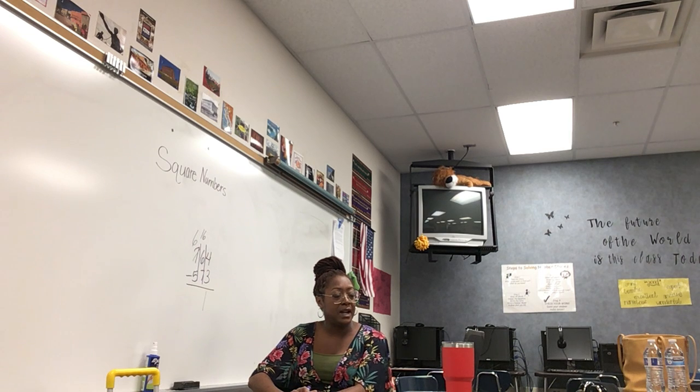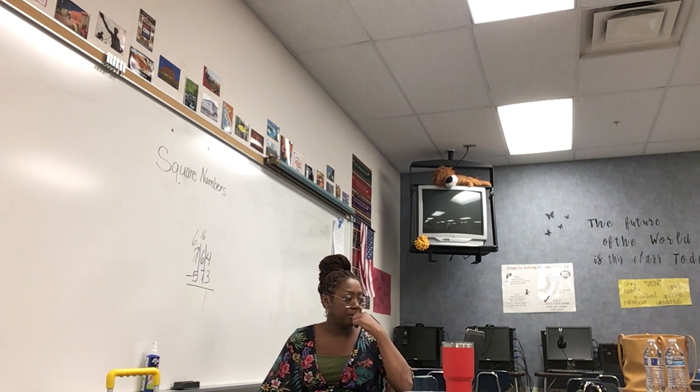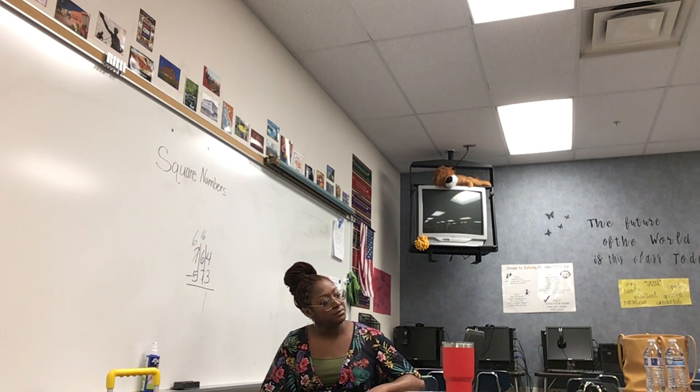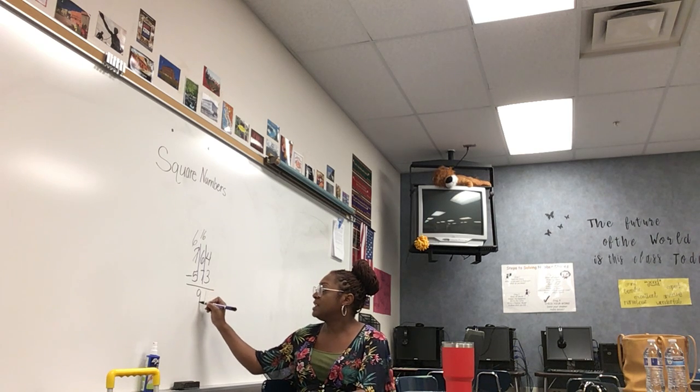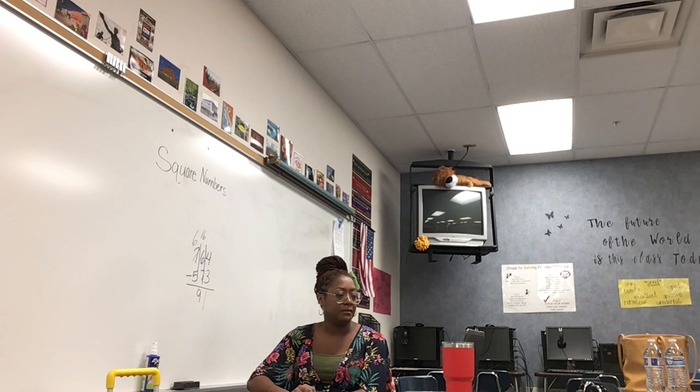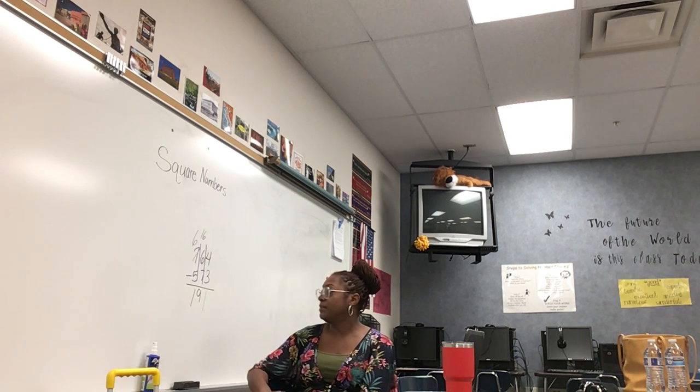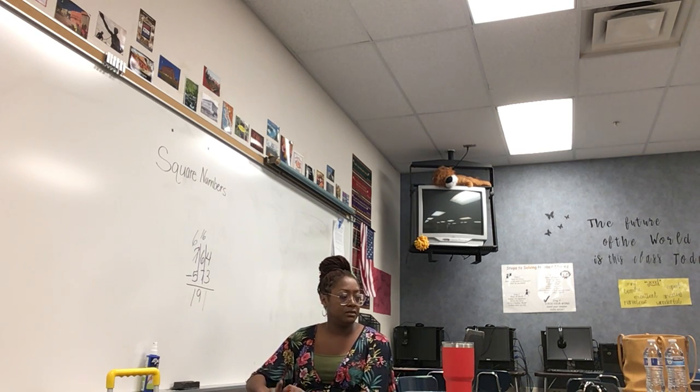What is 16 minus 7? And anybody can answer right now. Nine. 9, good job. What is 6 minus 5? 6 minus 5 will be 1. So our new number is 191.